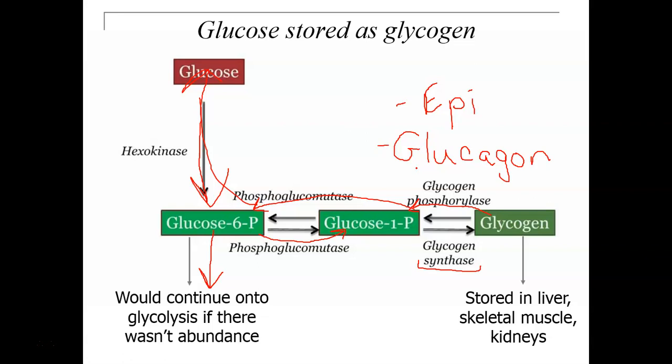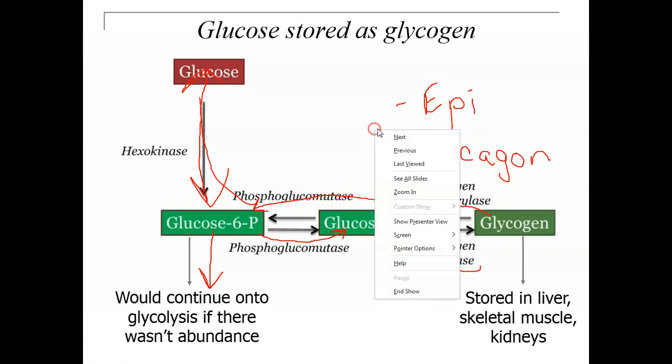The whole function of epinephrine is to make glucose highly abundant in the bloodstream. Why? Somebody scares the crap out of you. You see a bear, some sort of threatening event. Your heart starts racing. You start to run. Your muscles require massive amounts of energy in order for you to run. That quick duration energy is all driven from glucose. So we have to have glucose plentiful and abundant in the blood, and epinephrine can cause that to happen.